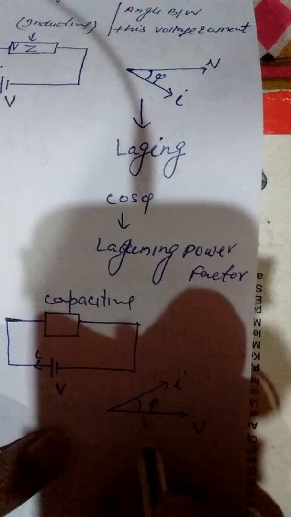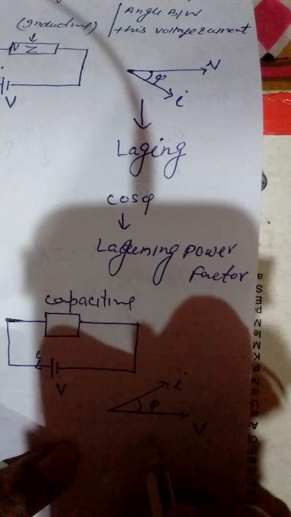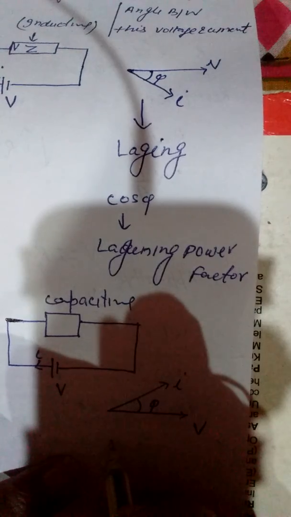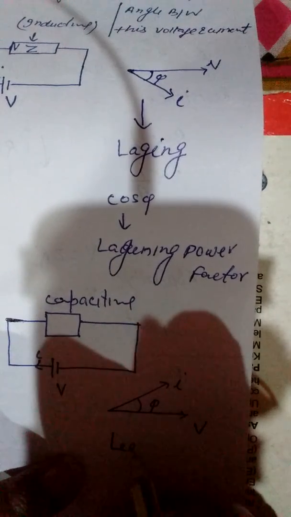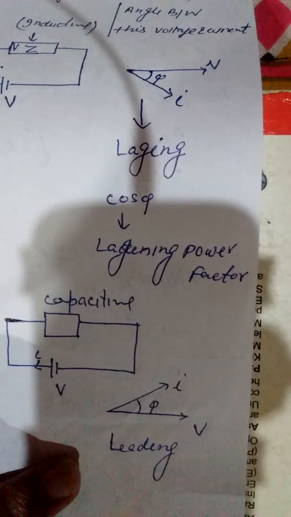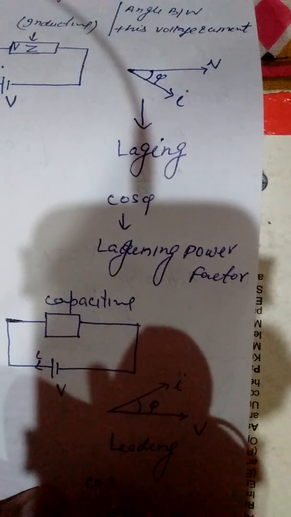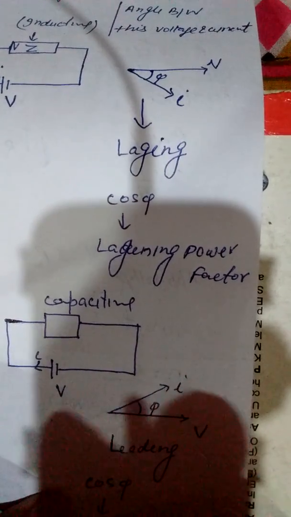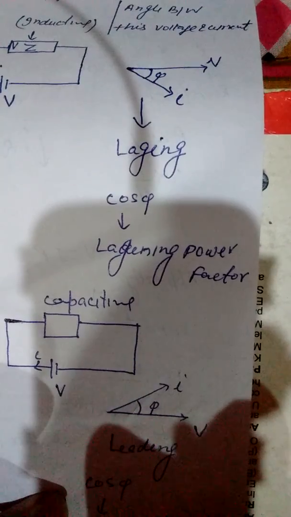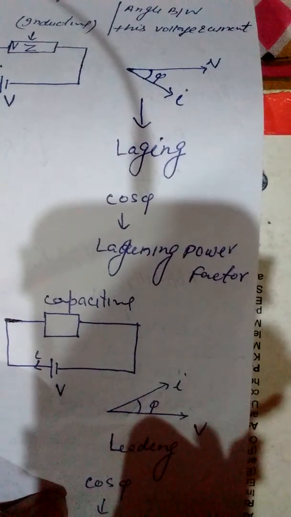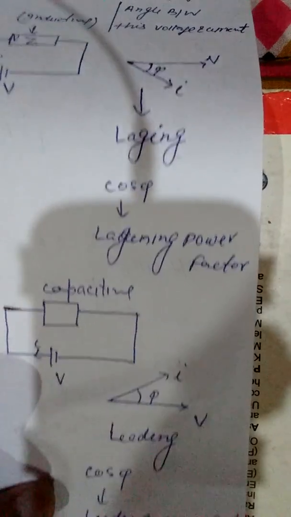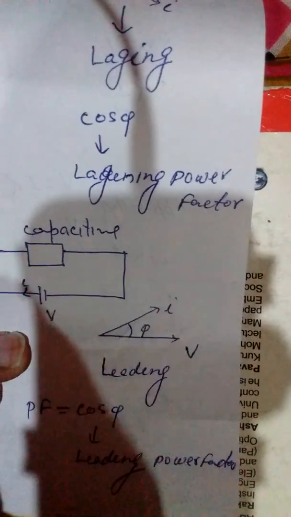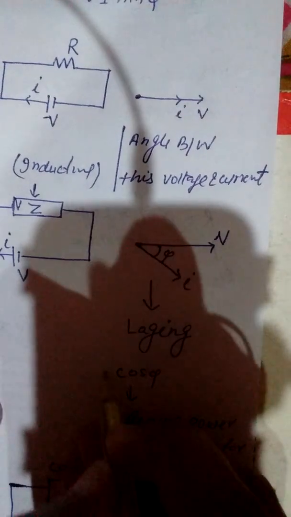It means this phi is the angle between V and I, and this case will be the leading case, and this cos phi is known as the leading power factor. This is power factor and this one is also power factor.